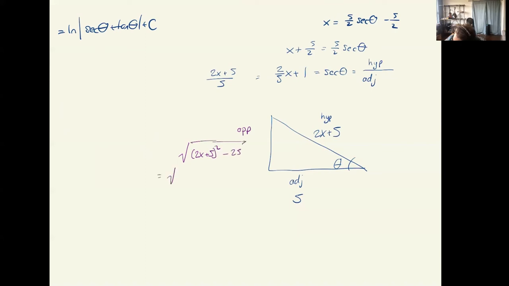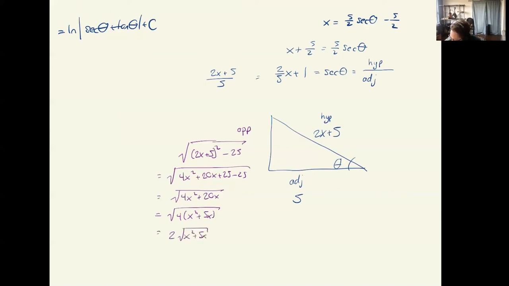So that's the square root of 4x squared plus 20x plus 25 minus 25, which is the square root of 4x squared plus 20x. And if I want to be fancy, I can notice that I can factor out a four. This is the square root of 4 times x squared plus 5x, which is 2 times the square root of x squared plus 5x.